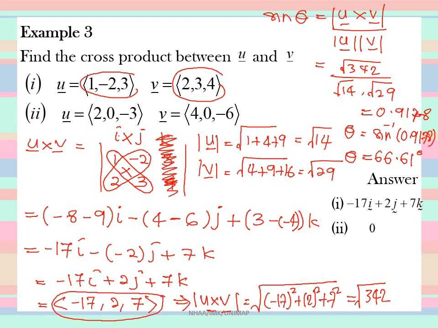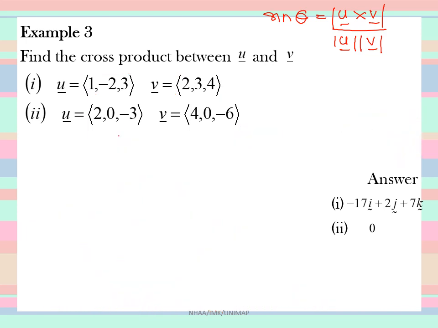Next, let's do the second example. So u cross v, with i, j, k. The first vector is 2, 0, minus 3, and the second is 4, 0, minus 6.